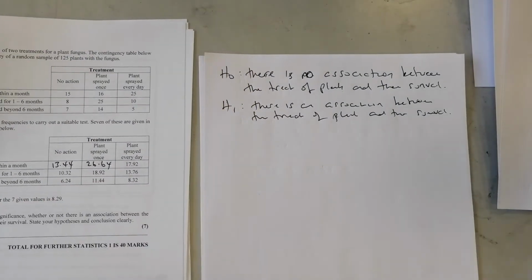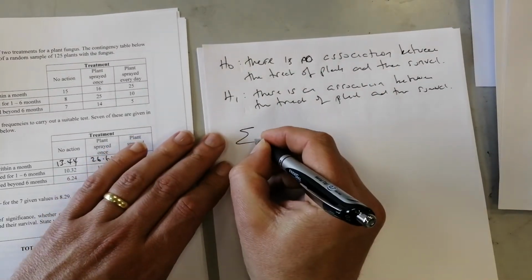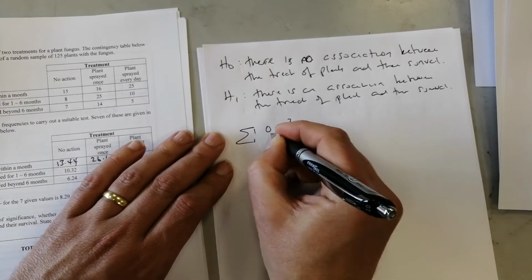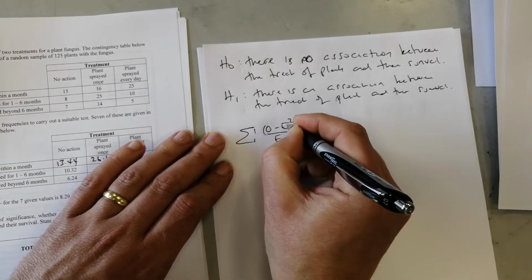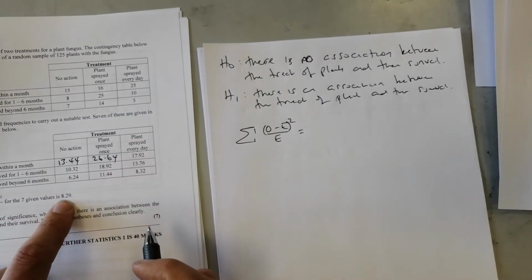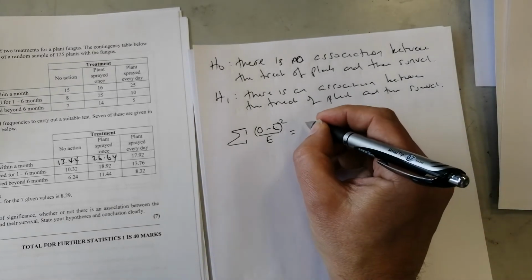We then need to work out the test statistic. So chi-squared, the calculated value, is going to be O minus E squared over E. We've already got these 7 sorted out as 8.29. It's only the other two we have to do.